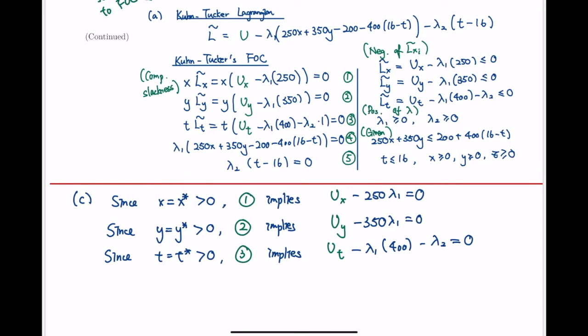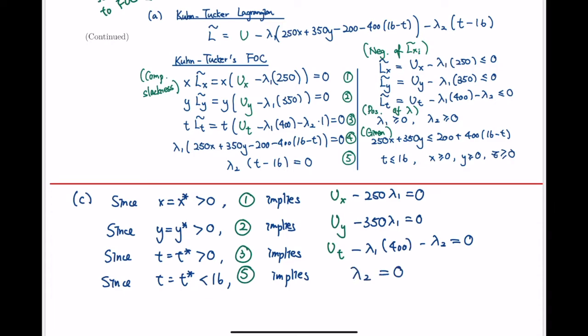So since t equals t star is strictly less than 16, the fifth equation here says that t star minus 16 cannot be 0. So that means that lambda 2 has to be 0. So 5 implies lambda 2 has to be 0.